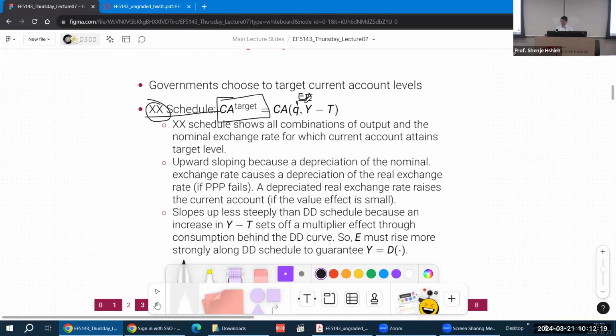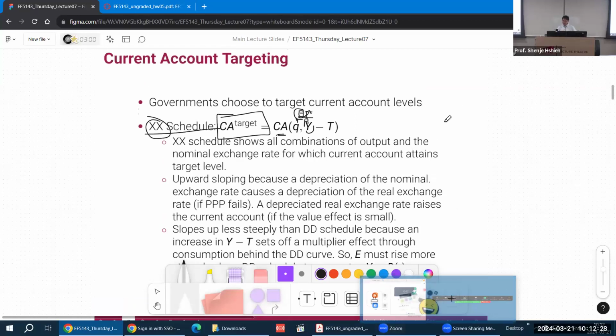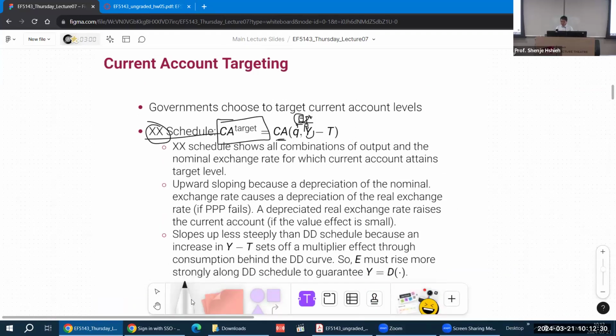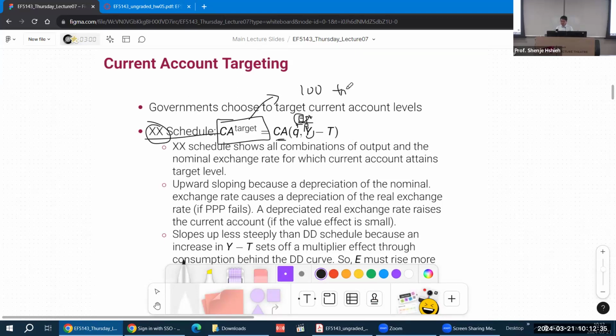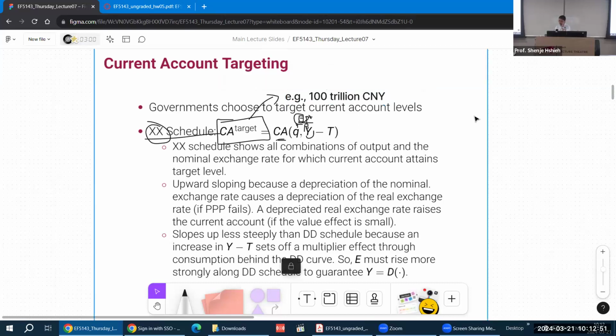And it's called a schedule because these are combinations of E versus Y that allow us to get the current account to that level. So again, this is just a random number. It could be 100 trillion, for example, 100 trillion CNY, Chinese yuan.